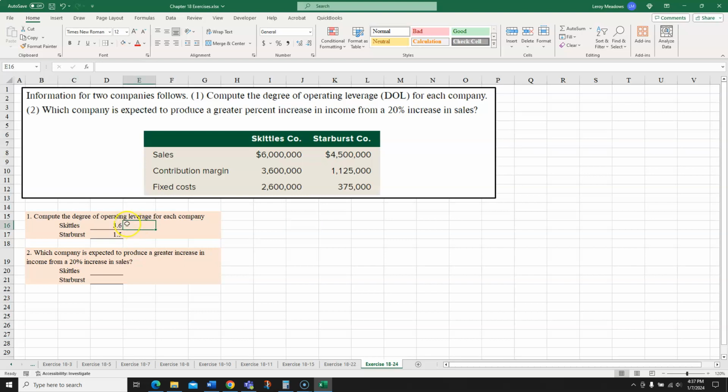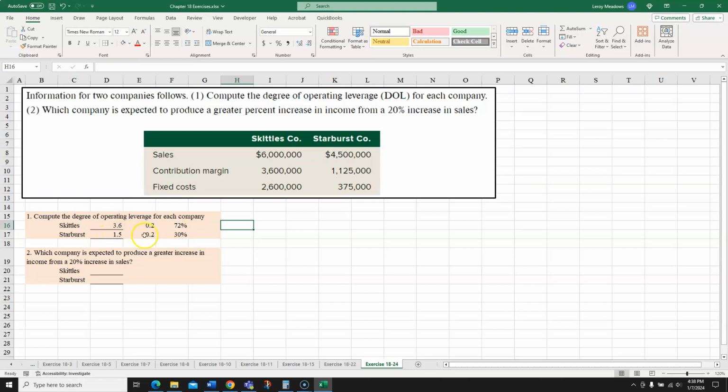So let's take a look and multiply this by, assuming both of them are 0.20, and I'm going to multiply these numbers out. For Skittles, with a 20% increase in sales, this should generate a 72% increase in income.